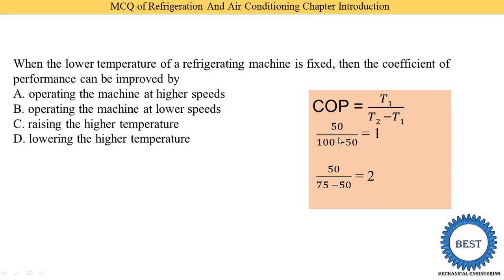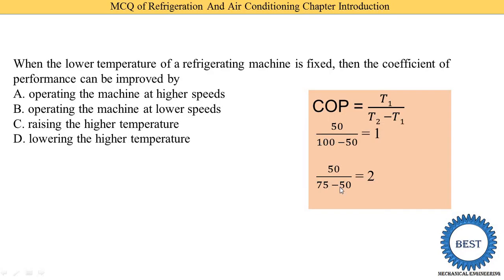Now we solve this. T1 is 50 and T2 is 100. So 50 divided by 100 minus 50 gives an answer of 1. T1 is fixed because it is the lower temperature, so we cannot change it, it stays 50. Now we reduce T2, instead of 100 it goes to 75.